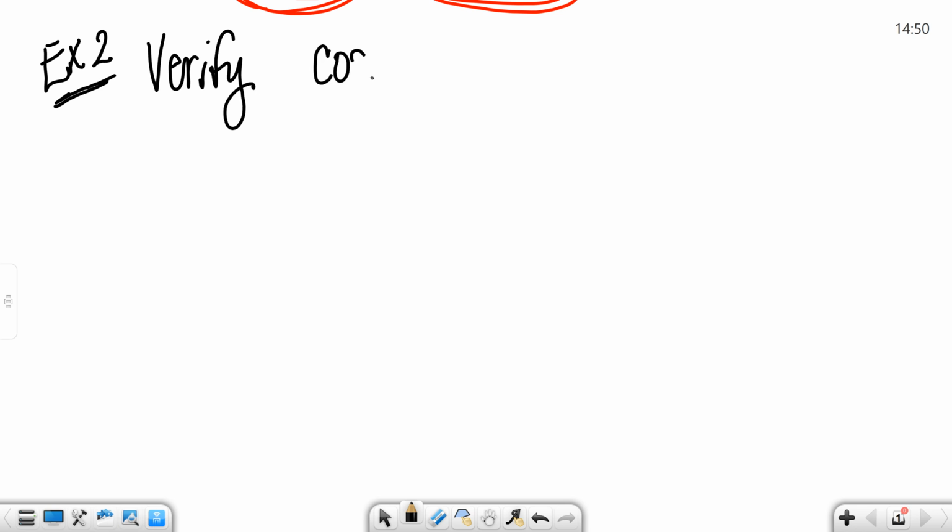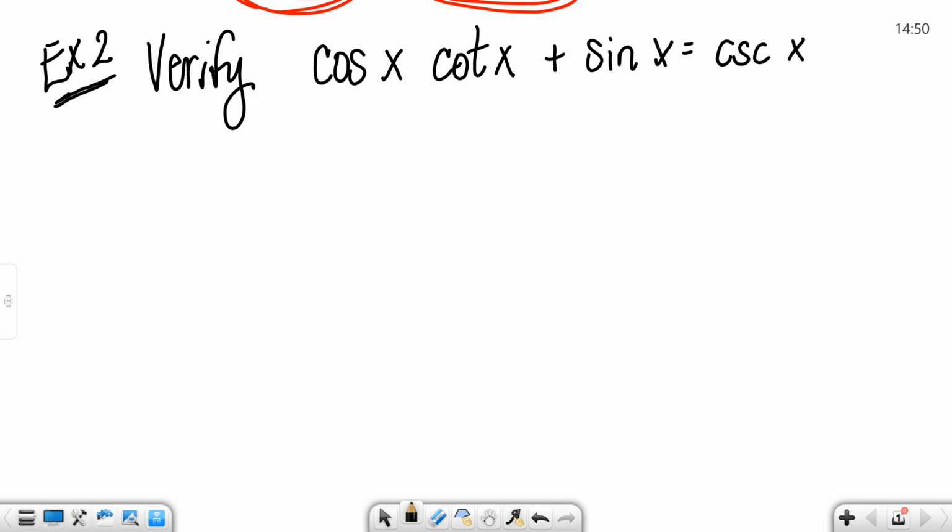All right, this one will be a little bit bigger. We are asked to verify this equation. Again, I'm going to choose to work with the large side, the left-hand side. You may not start exactly like I do.